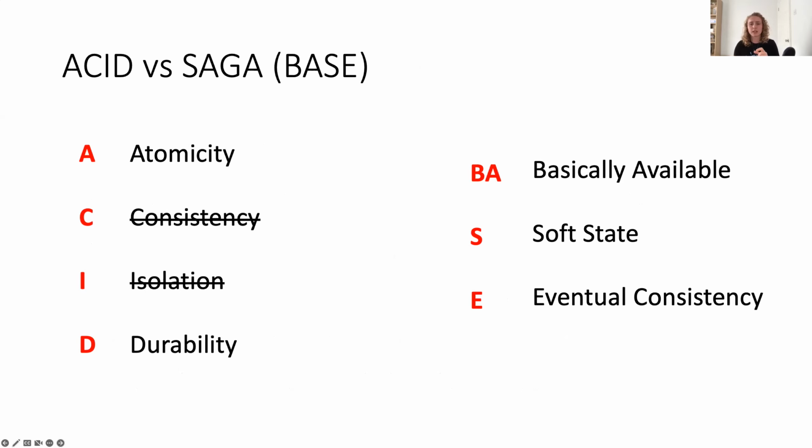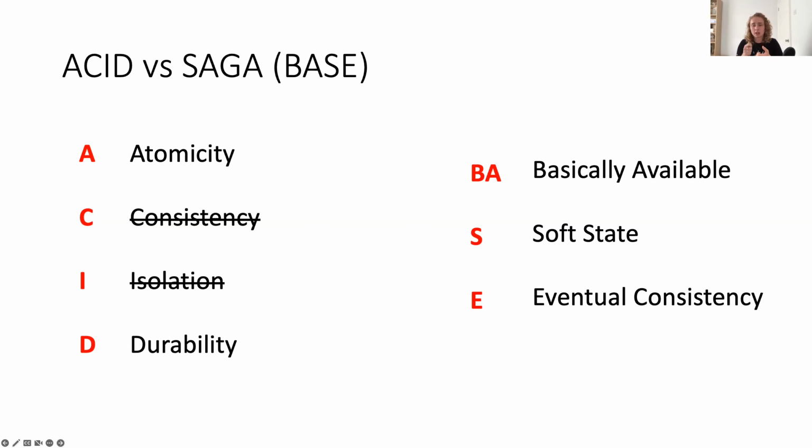The reason that I've struck out in this comparison the consistency and the isolation is because it's these two key principles that are arguably the biggest difference between these two models, because we no longer have strong consistency, we now have eventual consistency. And we no longer have this strong isolation. We now have a much softer state in terms of enabling other resources to access those microservices whilst that transaction is still going on.